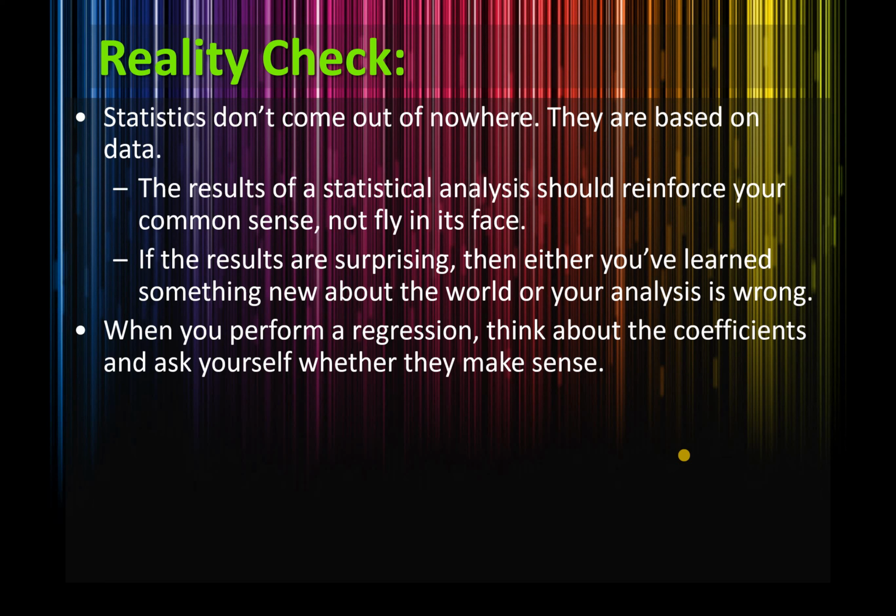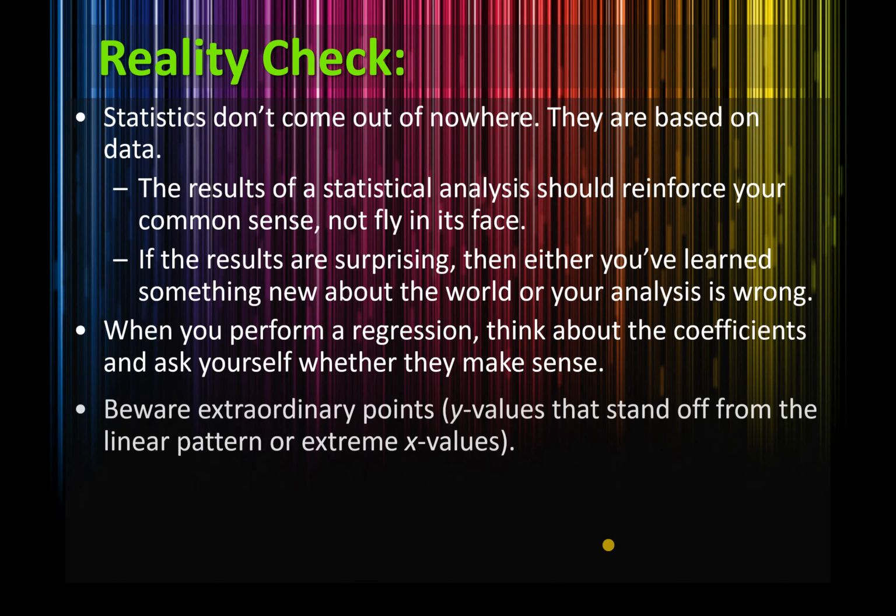Ask yourself if it makes sense, because sometimes your regression model will only make sense within a certain window. It won't make sense, for example, next to the intercept. It might not make sense far outside of the span of data that we've actually collected. So you have to make sure you look at your data, you look at your coefficients, and make sure that they do not seem unreasonable.